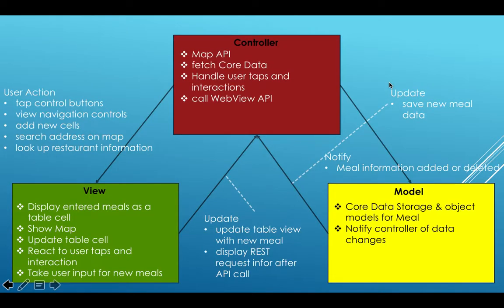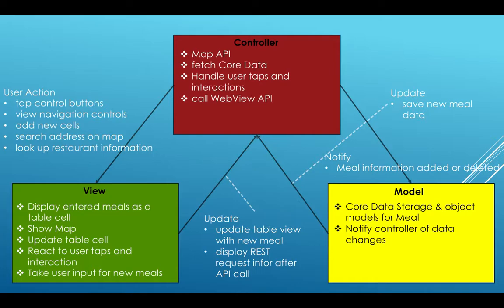All right, moving on. Next up, we have the MVC architecture right here, and it's nothing that you haven't seen before, so I'll just briefly explain it real quick. We have the view. Obviously, the view is what the user sees, so the view handles displaying entered meals, it shows the map, it updates the table cells, it reacts to the user's taps, and it takes in user inputs.